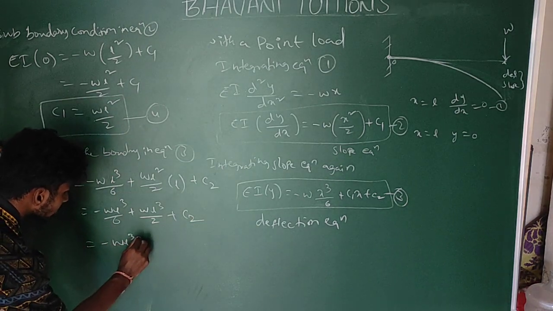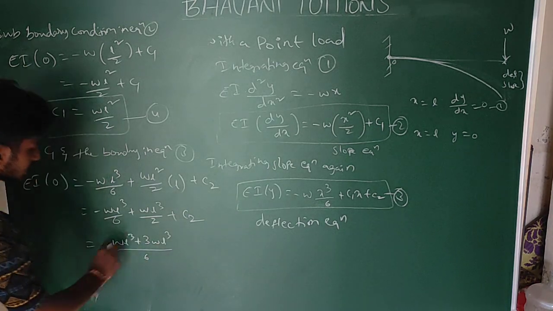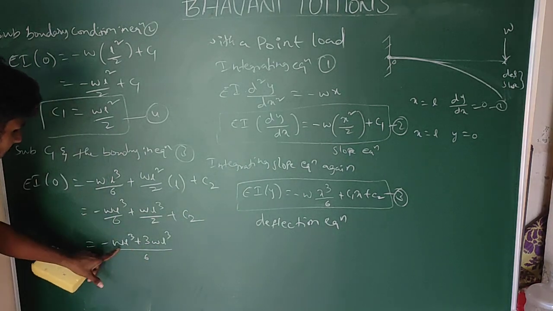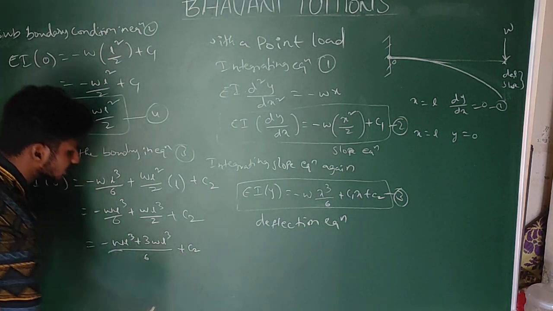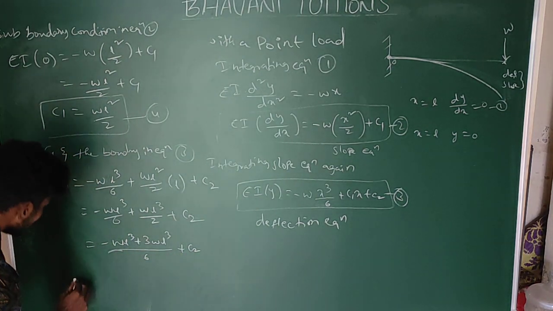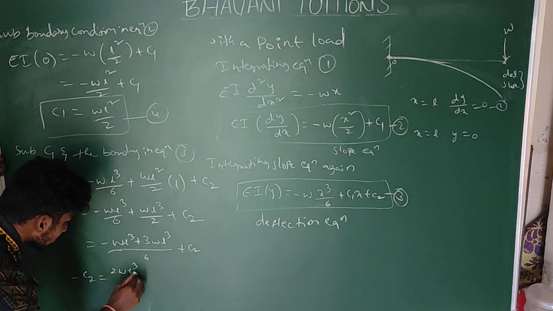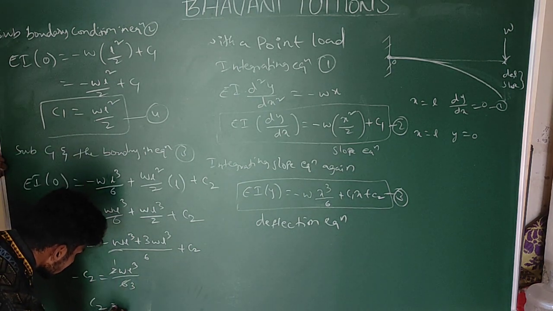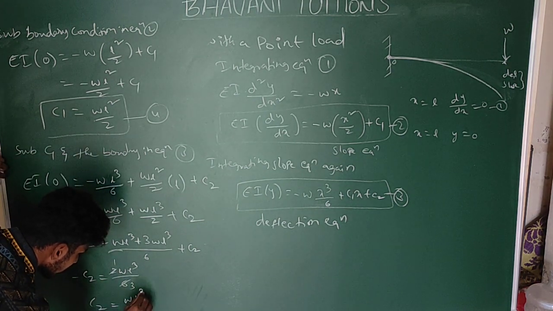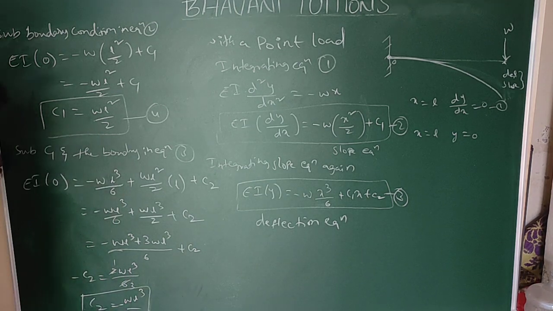If you take the LCM, what will you get? Minus W L cube plus 3 W L cube by 6 plus C2, right? Now minus C2 is equal to 2 W L cube by 6, so C2 is equal to minus W L cube by 3.